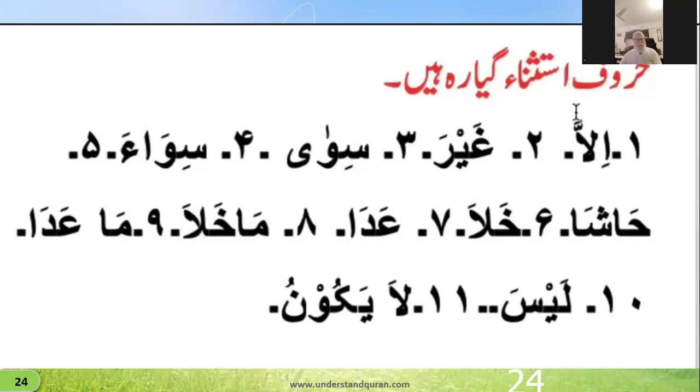When these words come, they separate the part coming after them from any type of badal, maybe badal kul, maybe badal baad, maybe badal istishmal, or maybe badal ghalt.